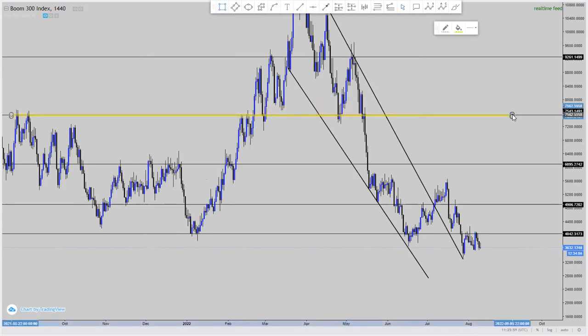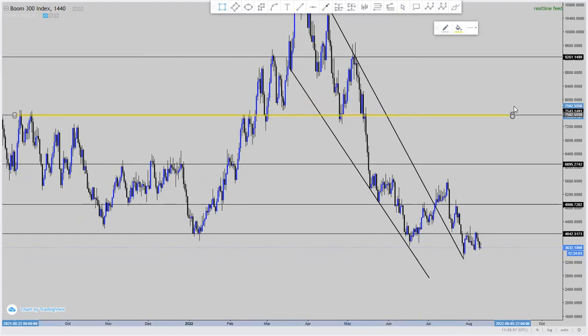Let me also mark key levels where the market can reverse.